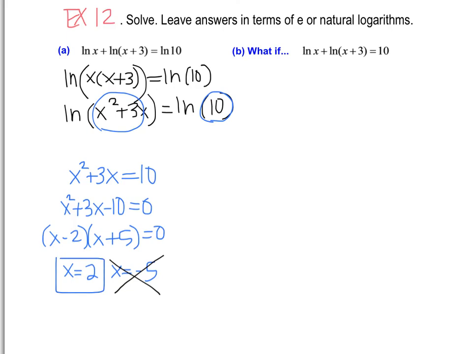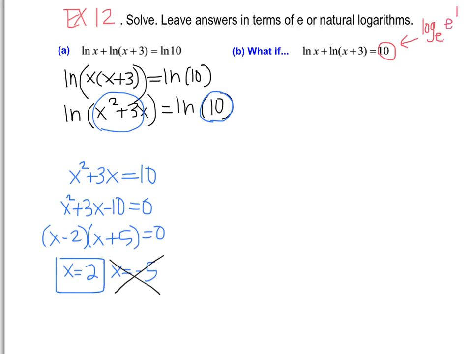One more example here. What if there's just a number that's not in a log? We talked about this early in the lesson. We're just going to need to make it a log. So if that's the case here, and say, okay, these are all natural logs, which is log base e. So I still want it to be a natural log. So I want it to have log base e.